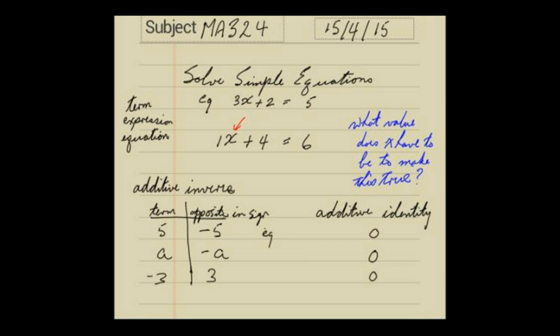Example: 5 plus negative 5 equals 0. A plus negative A equals 0. Negative 3 plus 3 equals 0. So adding a number and its additive inverse gives us 0, the additive identity.